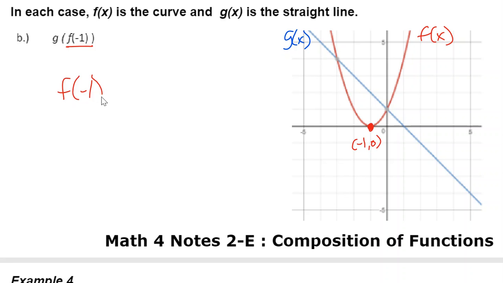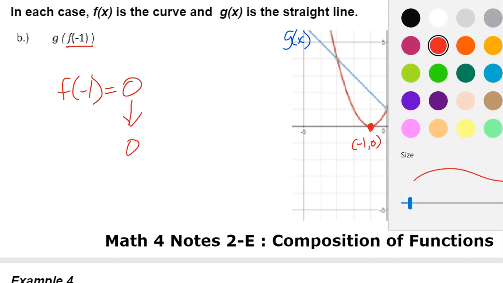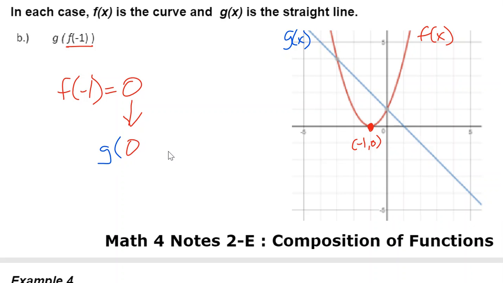So f of -1 equals 0. And then we stick the 0 into the g function. What happens when x is 0 for g? Well, for g, x is 0 right there. That's (0, 1), and so that is our final answer. And that is the way that the game is played.